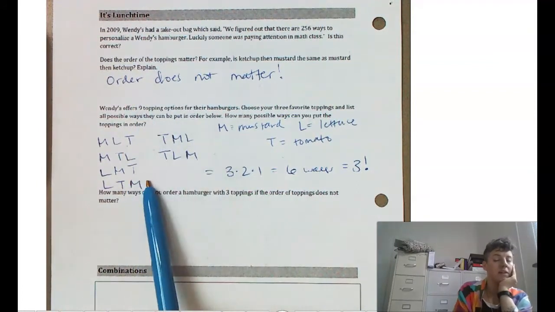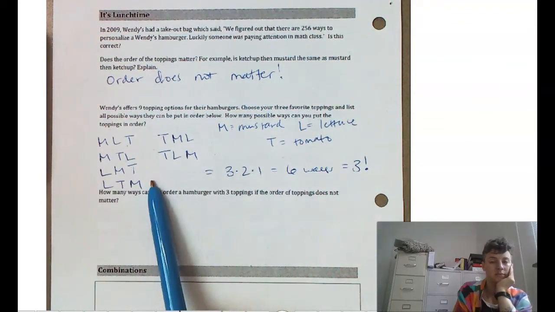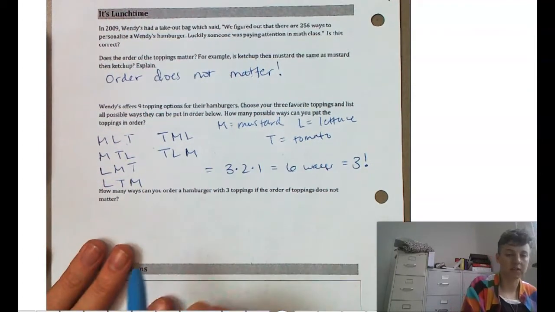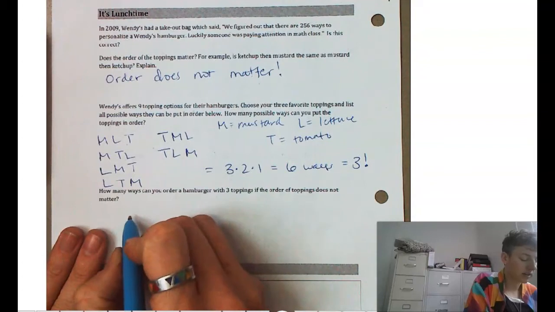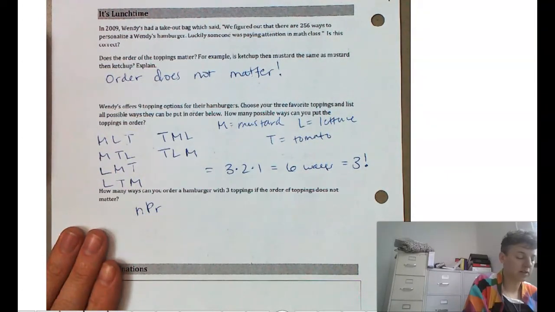These are how many repeat possibilities of hamburgers I would have of these 3 toppings. So we're going to divide out the repeats from our permutations. So our permutation, again, nPr, and we're going to divide out the repeats.